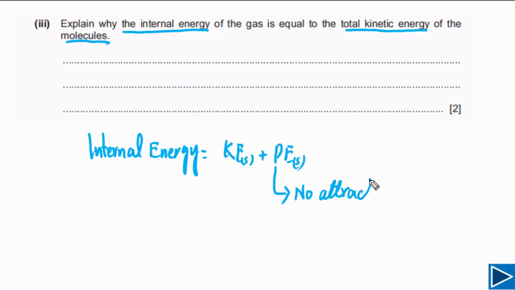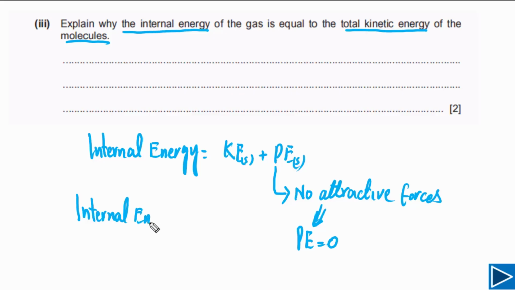As there are no attractive forces between molecules, it simply means that there is no potential energy of molecules. So simply we can say the molecules do not have potential energy. So in this case, internal energy is only equal to kinetic energy of molecules.